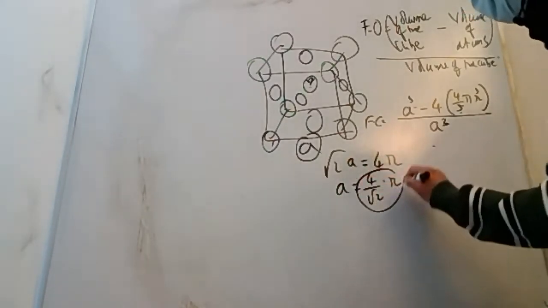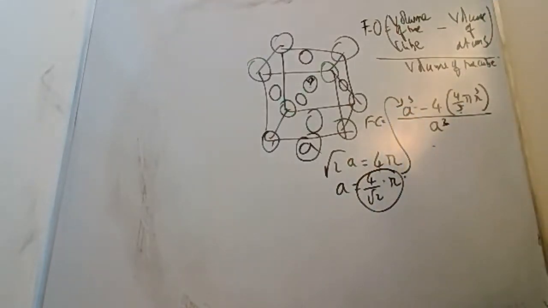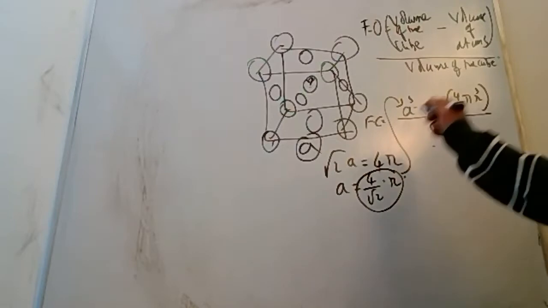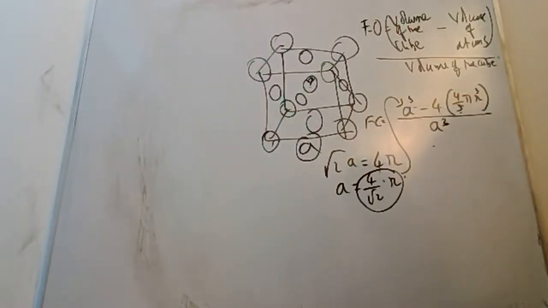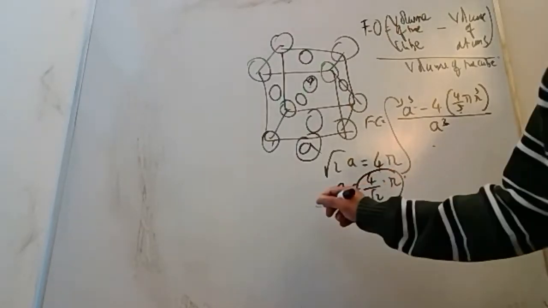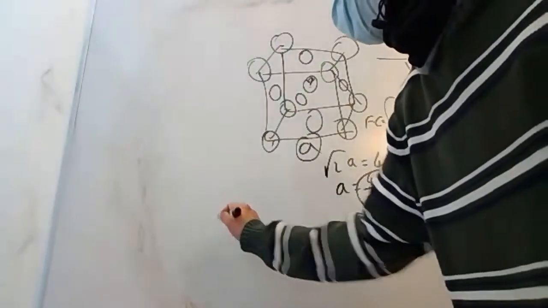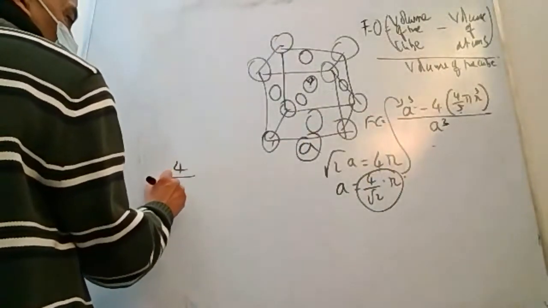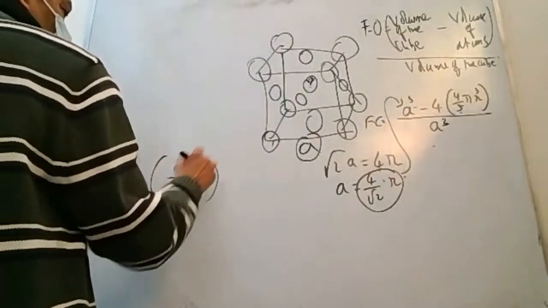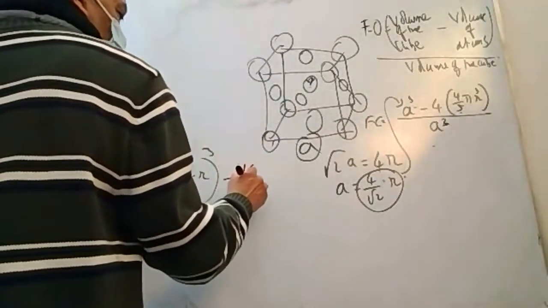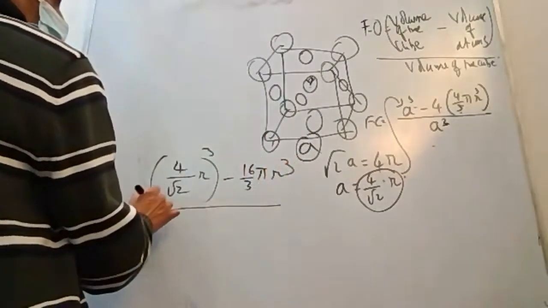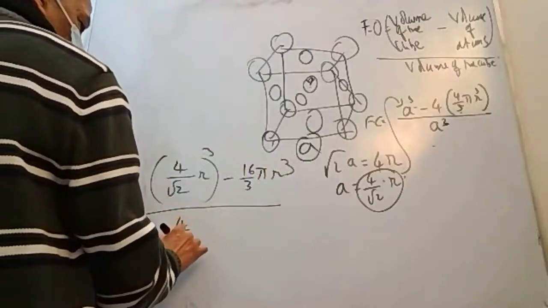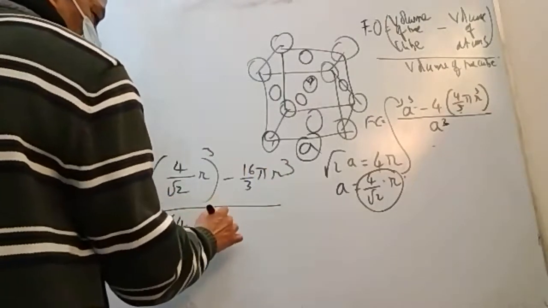So if you now take that value and plug it in this equation for A, can you all see this on the board? If for some reason something is not clear or not visible, let me know. So when you do that, it becomes 4 over square root 2R cubed minus 16/3 pi r cubed, divided by 4 over square root 2R cubed.